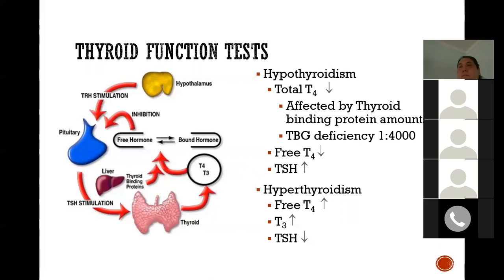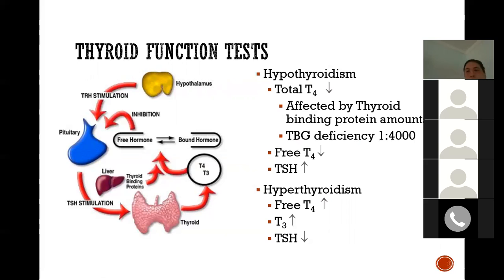So sometimes when newborn screens use a total T4 or other method, we have to rule out TBG deficiency. In hyperthyroidism, you're typically going to have a low TSH due to inhibition from high free T4 and total T3 levels.